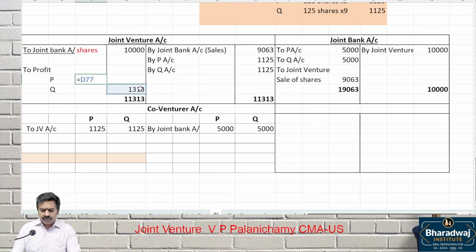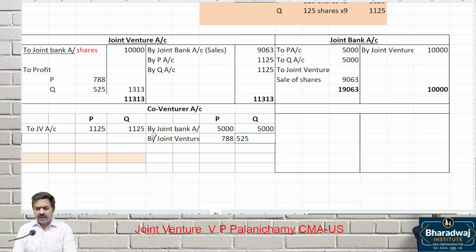1313 into 3 by 5 is 788. Balance will go to the other party, 525. This will come as by joint venture, the share of profit, 788 and 525. Then the balance will be paid to them to joint bank account.